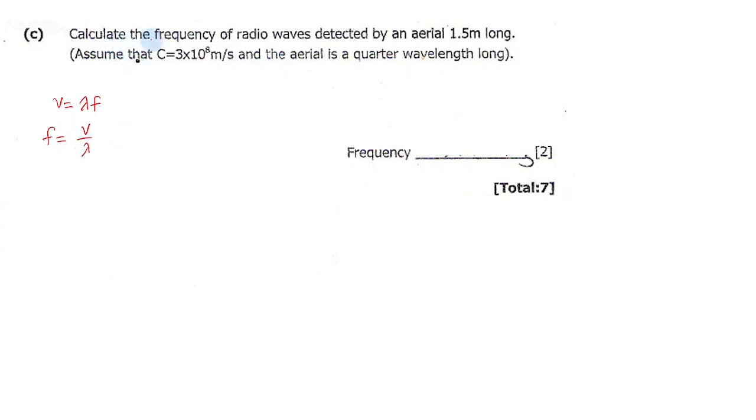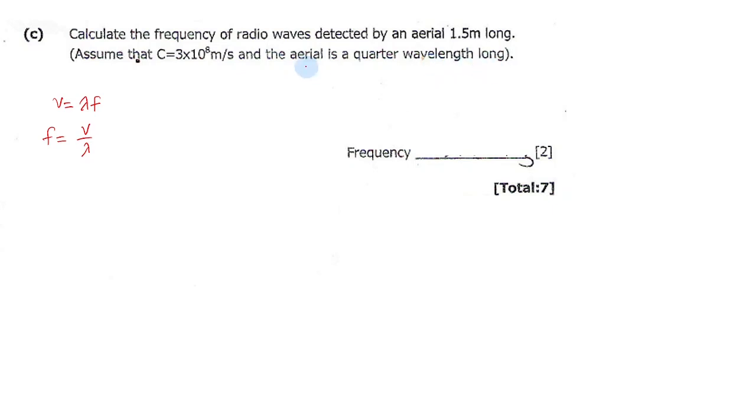So they've told us to calculate the frequency of radio waves detected by an aerial 1.5 meters long. Assume that c is equal to 3 times 10 to the power 8 meters per second, and the aerial is a quarter wavelength long.